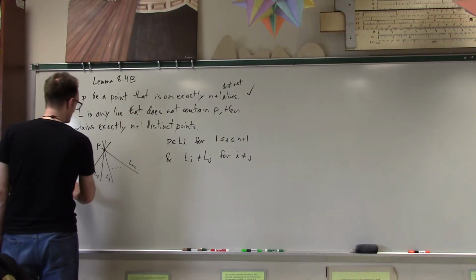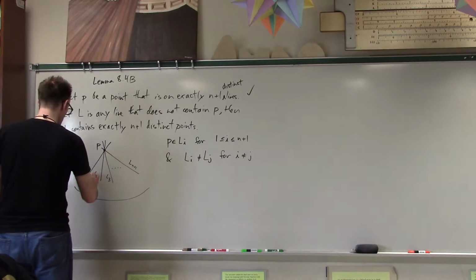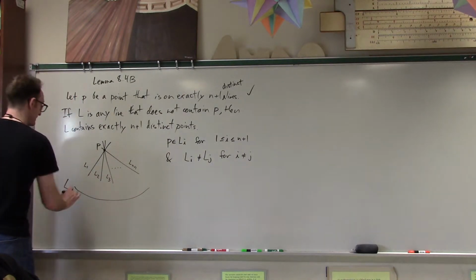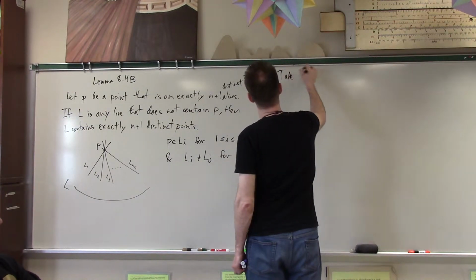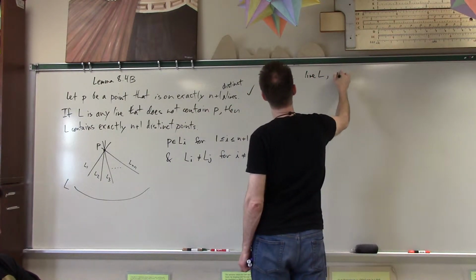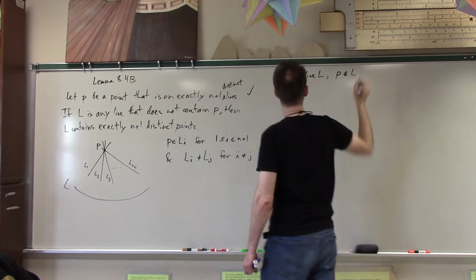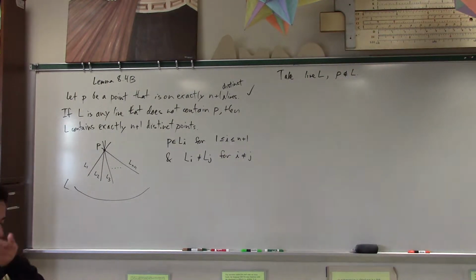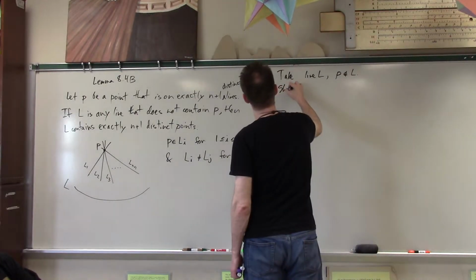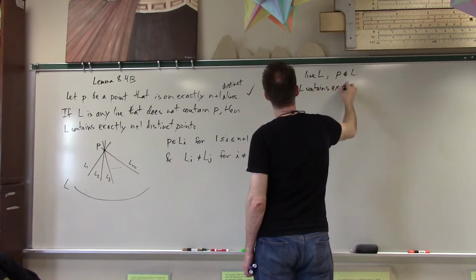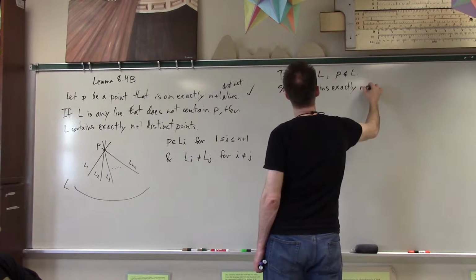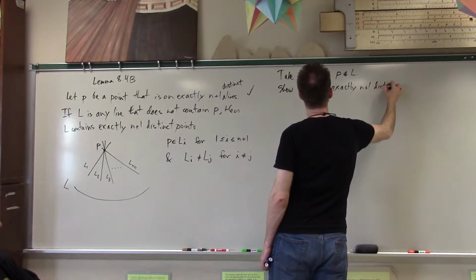So take some line L, over here, not going through P. P is not on L. All we need to show to finish the proof is that L contains exactly n+1 distinct points.